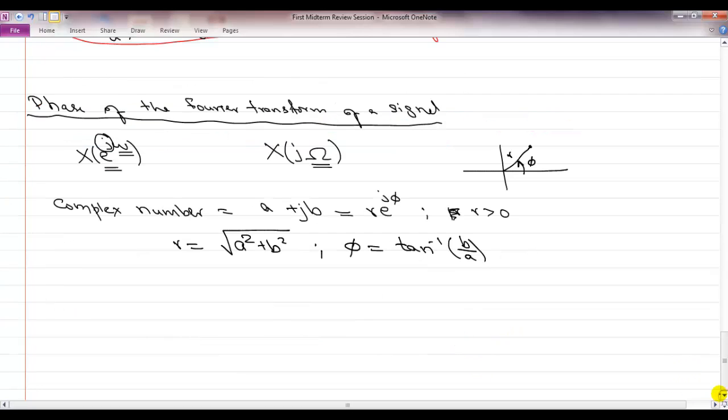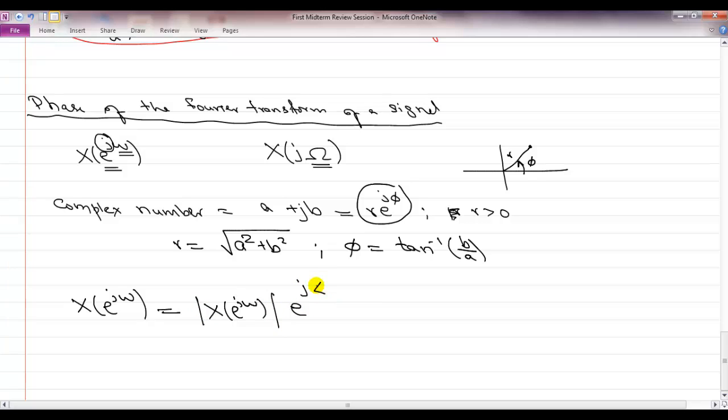So now if you are given, let's say, X of e to the j omega, which is a complex number, the goal is that you want to represent it in this form. You want to write it in terms of some positive value for each little omega. So what we typically write is the absolute value of X of e to the j omega, times e to the j angle of X of e to the j omega, where this angle you can also write as phi of omega.